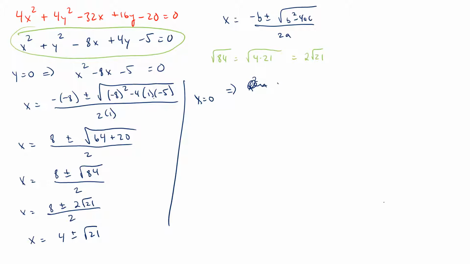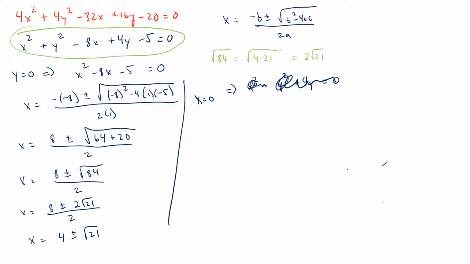And so doing that gives me y squared plus 4y equals 0. If I put 0 in for x, I have y squared plus 4y, and I failed to write the minus 5.